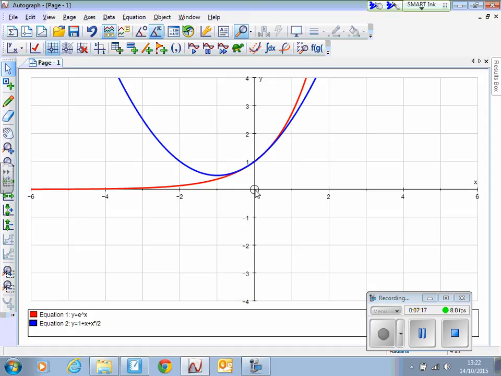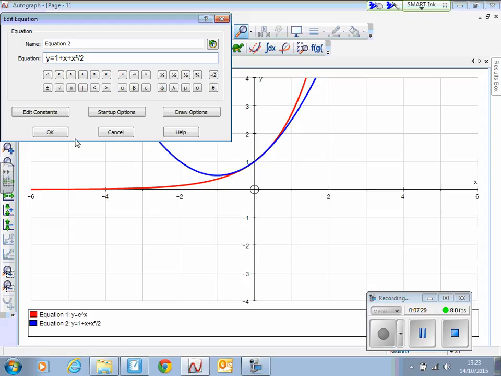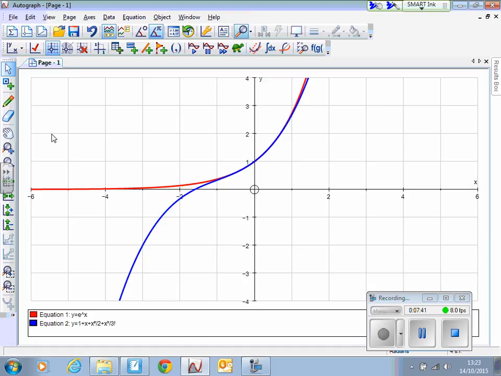So for values of x greater than or less than 0, we can use this power function to represent e to the x so long as we're close to 0. I add the next term, so that's plus x cubed over 3 factorial. I can use the exclamation mark here to represent 3 factorial. And now you can see that even more closely it follows.